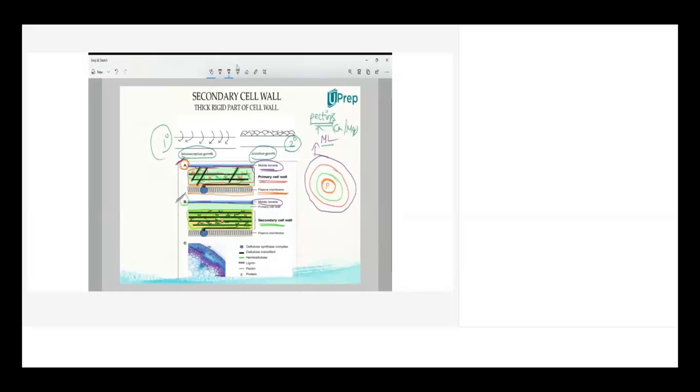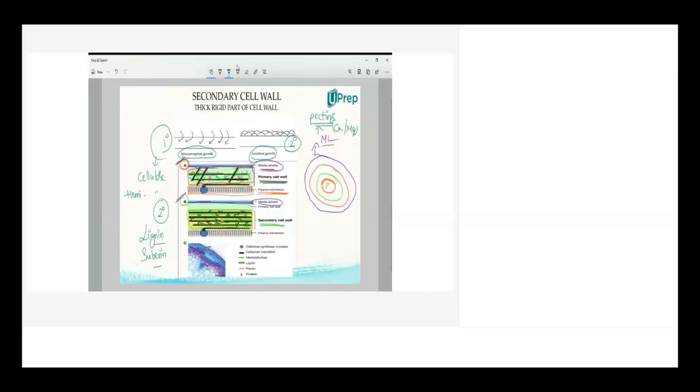Okay. Now when you take the primary cell wall, it majorly will have cellulose and hemicellulose. Major portion of primary cell wall. Then when you come to secondary cell wall, you will have special type of materials called lignin, suberin. These terms I explained in the last class, isn't it?